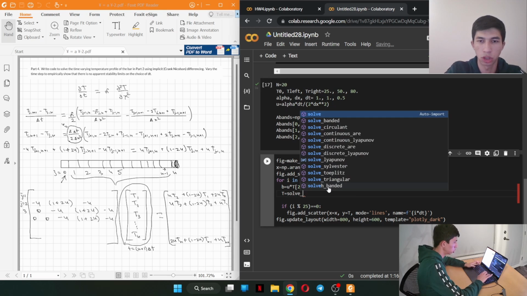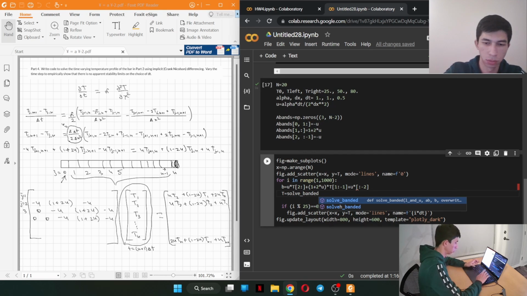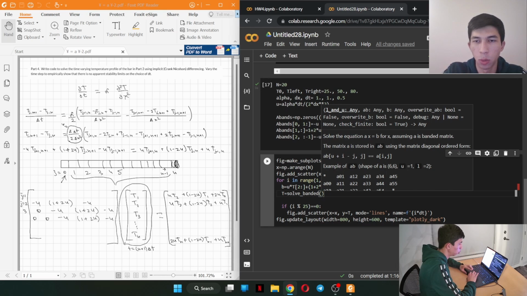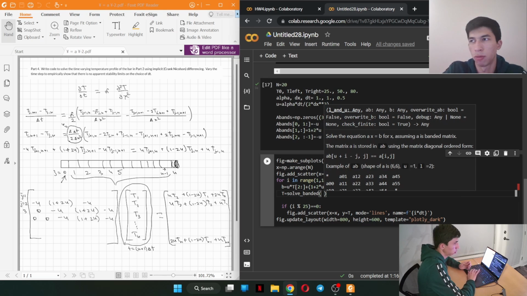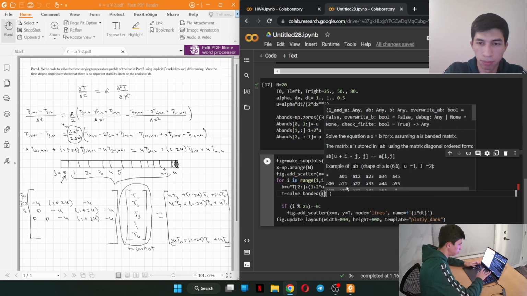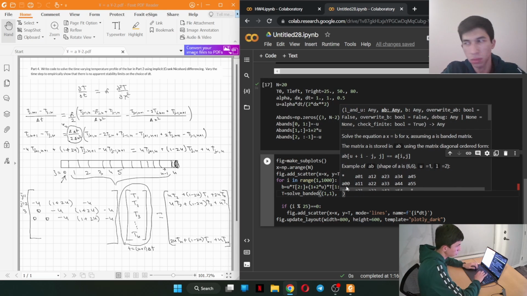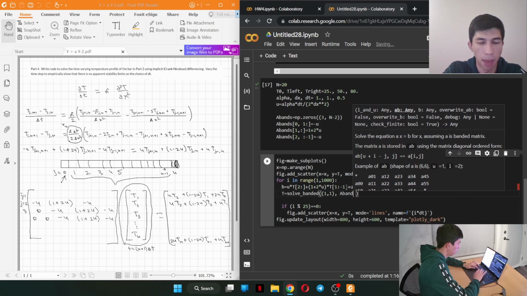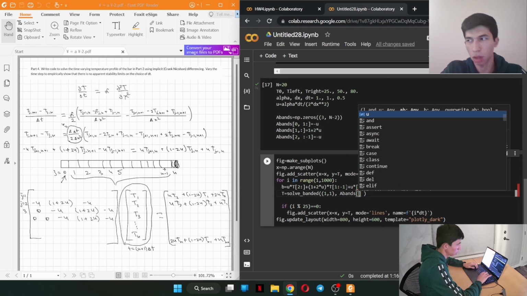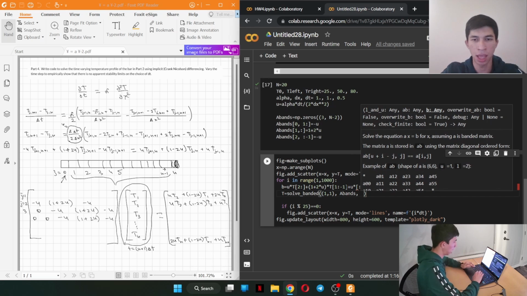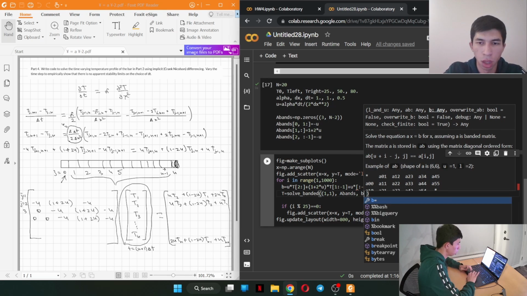So now I'm going to use the solve_banded function. For solve_banded, we need to give the variables: the array bands, and the equation that we need for the right hand side.